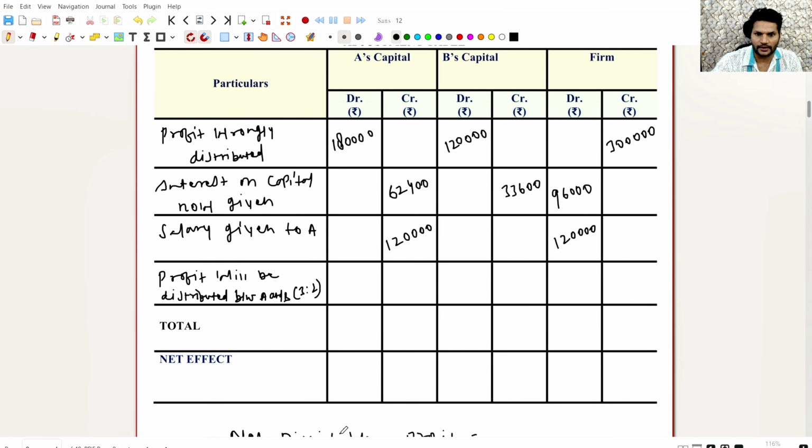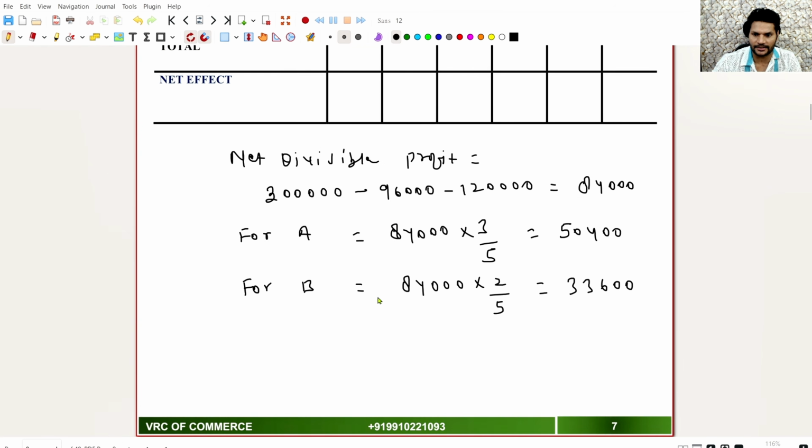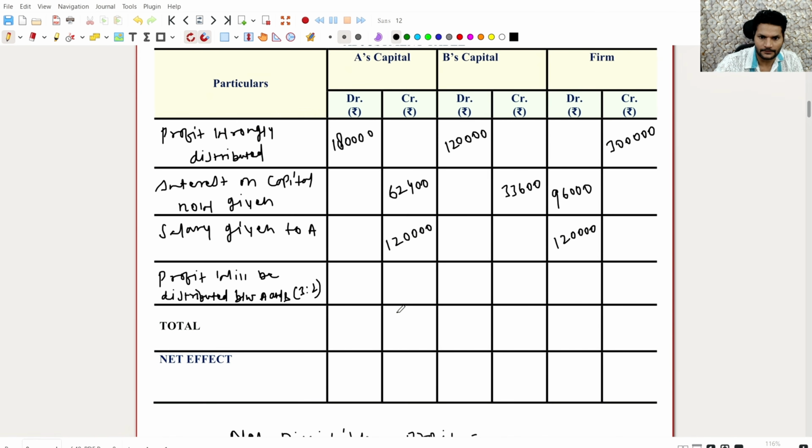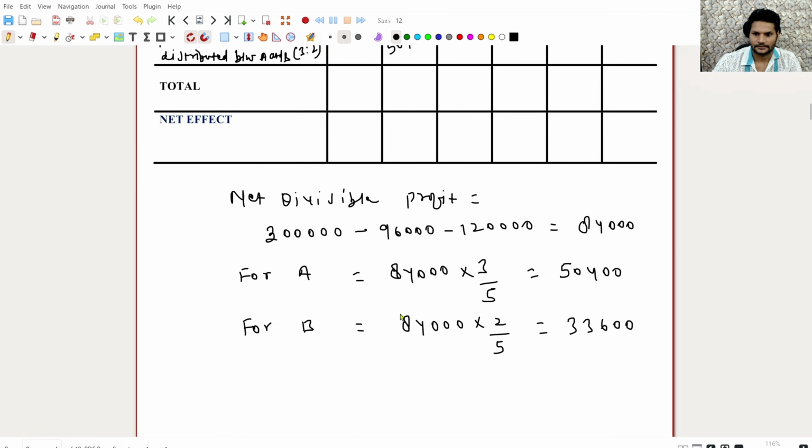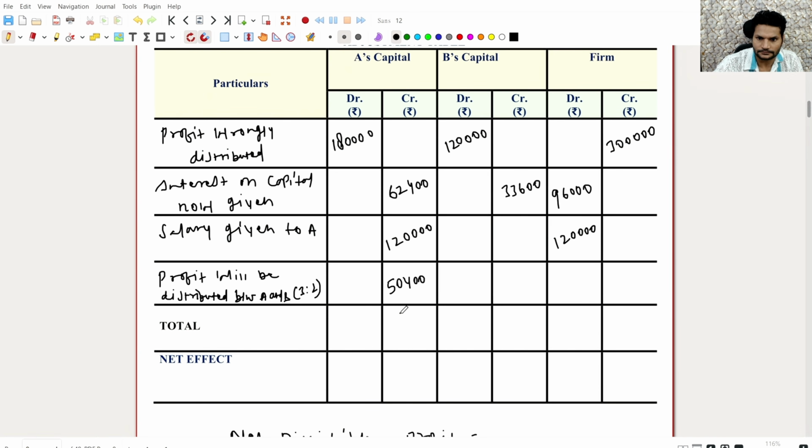Now, let's enter the amount which we have calculated, that is 50,400 and 33,600. So what is the total value? That will be 84,000. That will be debited to firm account.